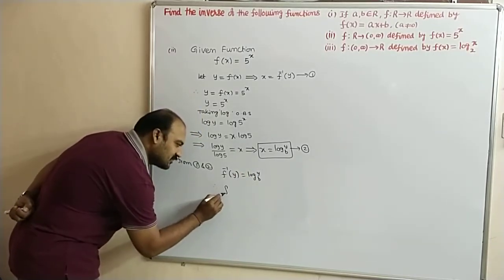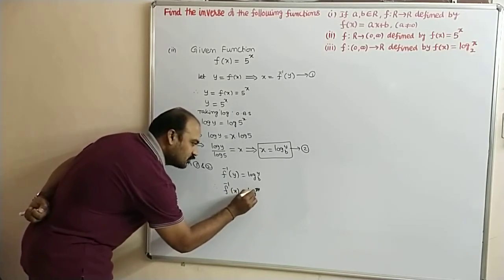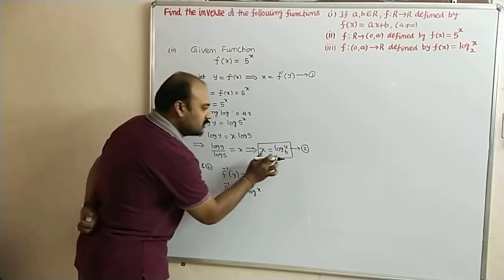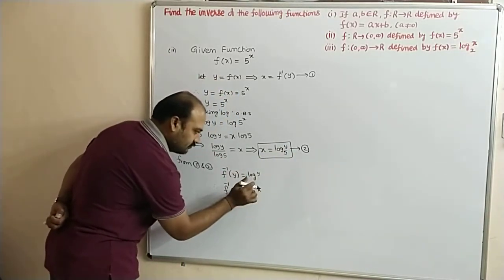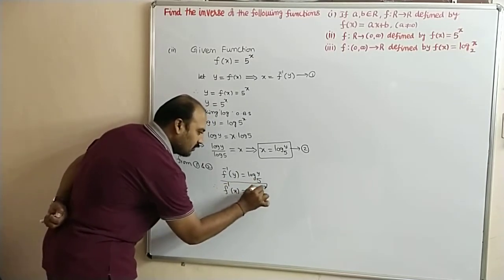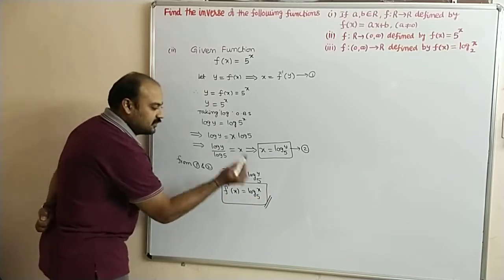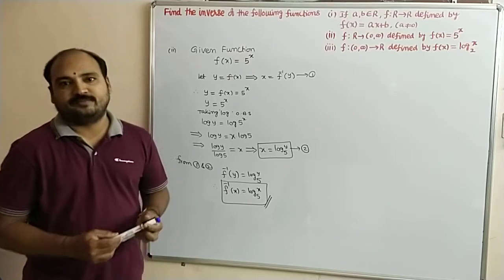We want f inverse of x now. Therefore, f inverse of x is equal to log x to the base 5. Hence the result: f inverse of x equal to log x to the base 5.